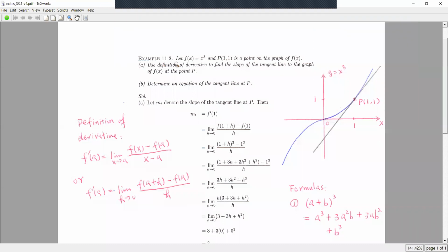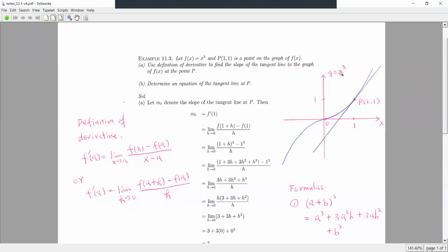Example 2. Let function f be x to the third, and P is a point on the graph of the function. The graph of this function is this blue curve. P is a point on the graph. Because this point is on the graph of this function, the y-coordinate is the function value at the x-coordinate.